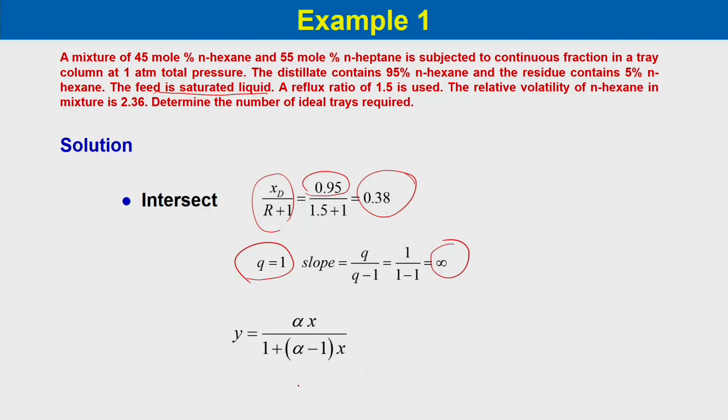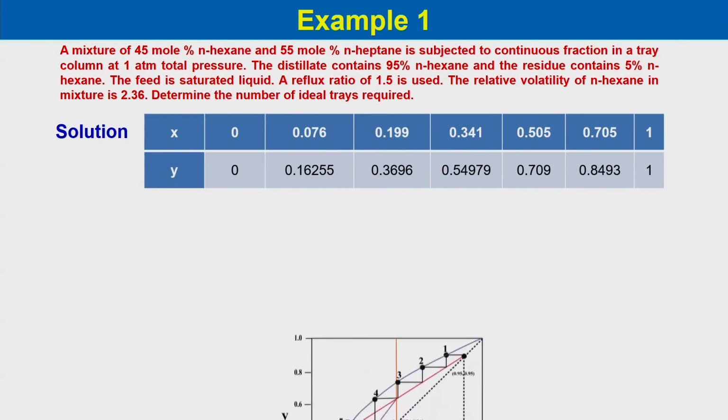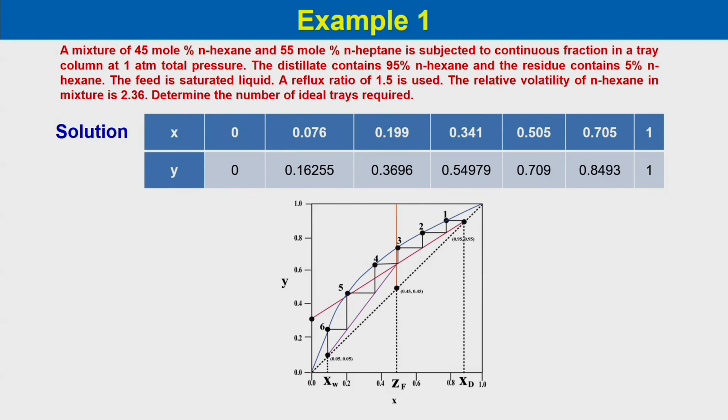The relative volatility equation we know, y is equal to alpha x divided by 1 plus alpha minus 1 into x. The relative volatility over here, alpha, is given as 2.36. If we substitute alpha, which is 2.36, this equation would be y is equal to 2.36 x divided by 1 plus 1.36 x.